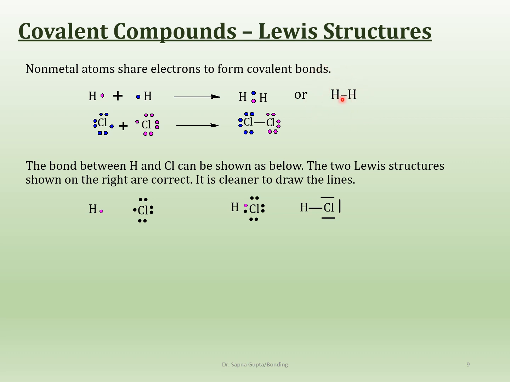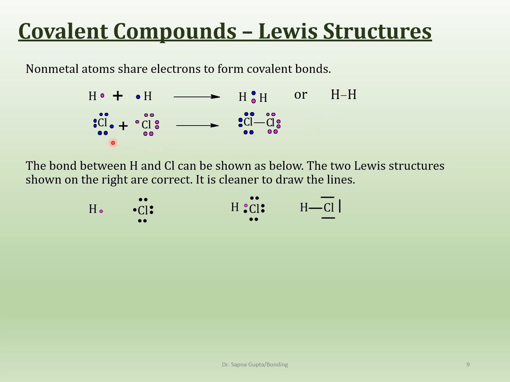You will actually have a line between the 2 hydrogens, and that line indicates the sharing of the electrons. That line indicates 2 electrons. Remember that line we drew first was 2 electrons, and now it's between 2 atoms, indicating that these 2 electrons are being shared between these 2 hydrogens.